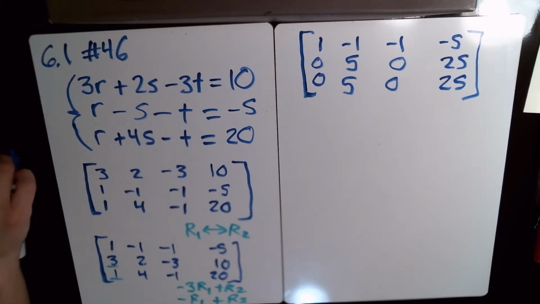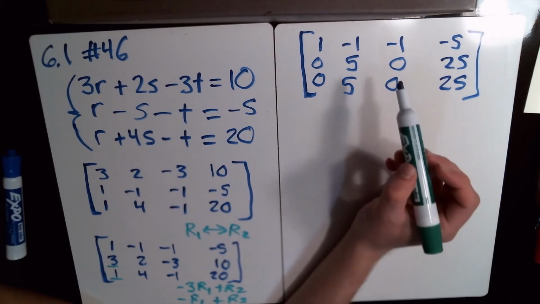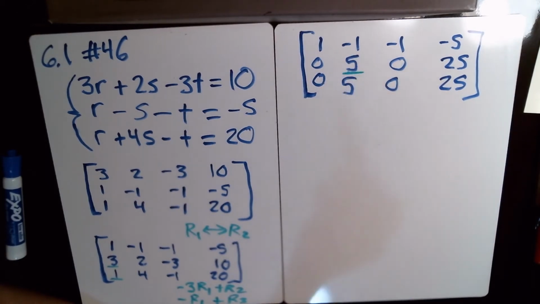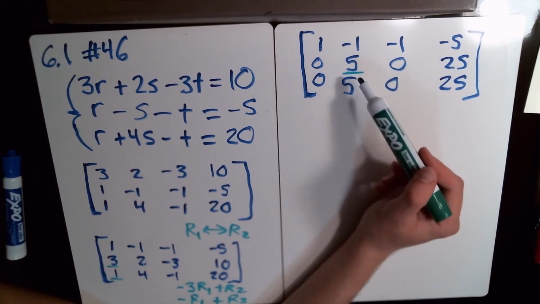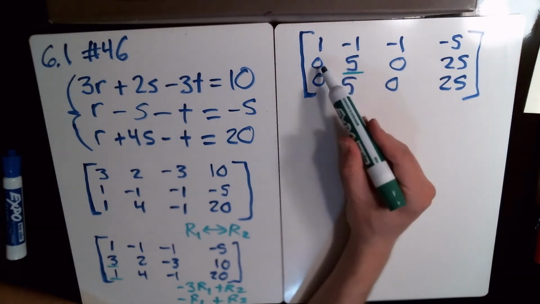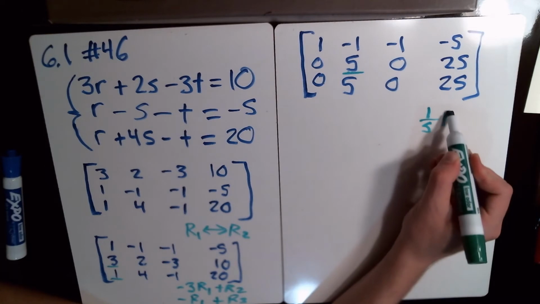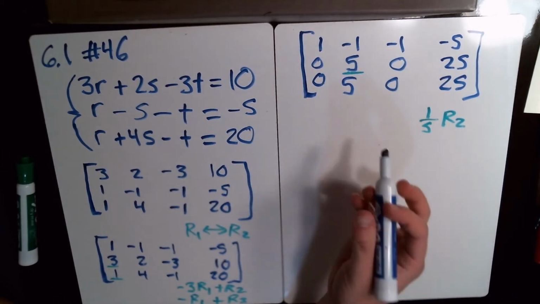Cool. So now to get this in reduced row echelon form, we want to put a 1 right here. Right now it's a 5. So what I'm going to do is multiply that entire row by 1/5, so that we get a 1 right there.